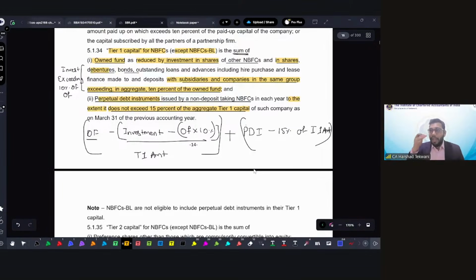For example, let's say debentures. In company sector also, there is a limitation that you cannot issue irredeemable debentures. But when I talk about perpetual debt instrument, that is perpetual, that will never get redeemed, never be written back. Perpetual means it's upon liquidation only they are eligible.